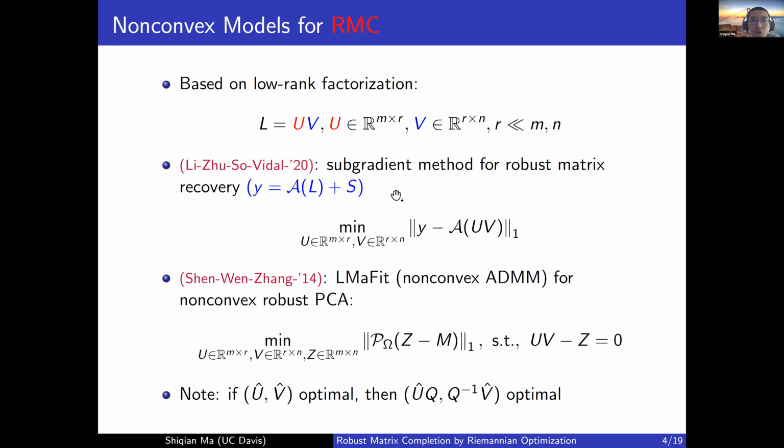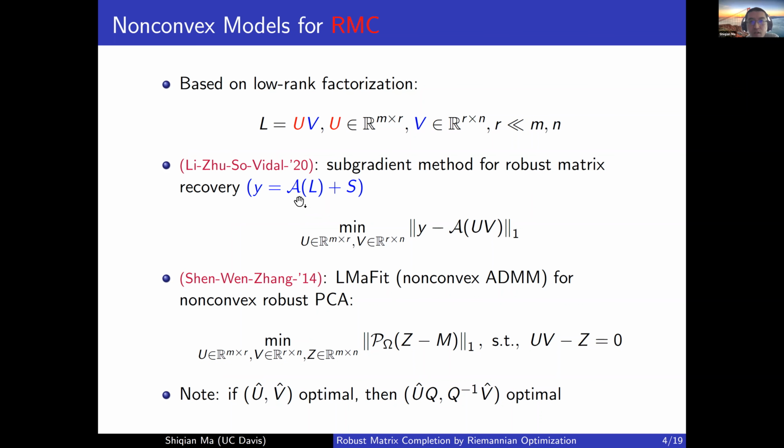Okay, so this kind of idea was already used in many works. For example, the very recent work by Rene and his co-authors considered this robust matrix recovery problem, where you have a low rank matrix L, and you have some observation of this matrix L. Here, A is a linear operator.